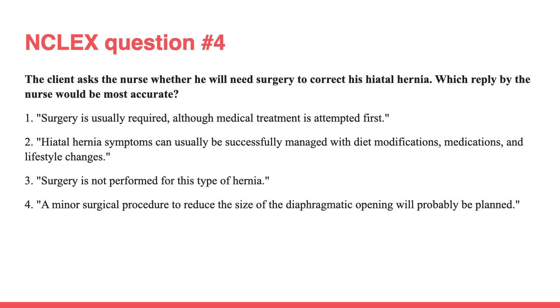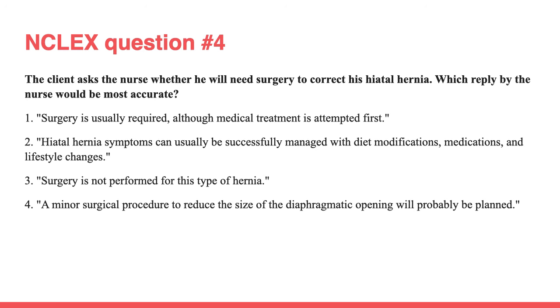So our fourth NCLEX question, I'll read it out to you. The client asks the nurse whether he will need surgery to correct his hiatal hernia. Which reply by the nurse would be most accurate? Number 1, surgery is usually required, although medical treatment is attempted first. Number 2, hiatal hernia symptoms can usually be successfully managed with diet modifications, medications, and lifestyle changes.